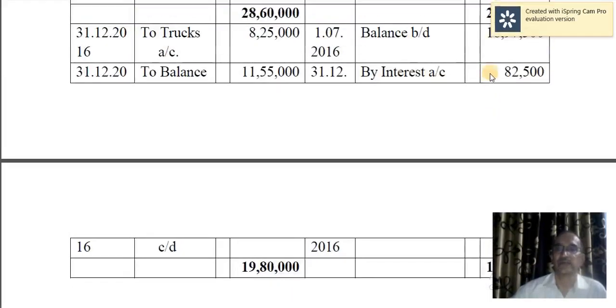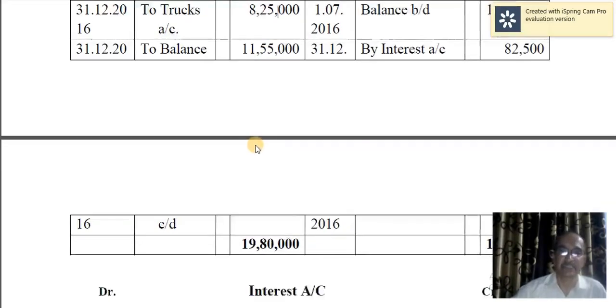So this is the outstanding value at the beginning. This is interest. So total amount payable 19,80,000. Of that, 8,25,000 is the agreed value of assets taken over, and 11,55,000 is the amount still payable to Karavali traders in respect of these 3 trucks.